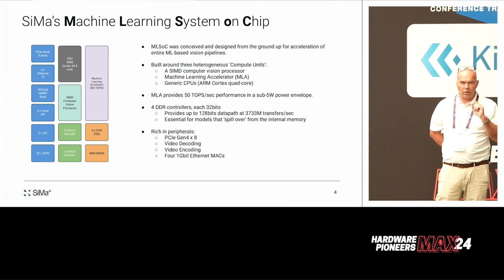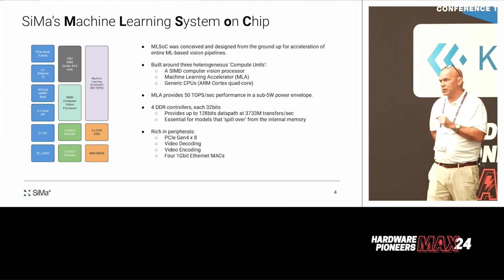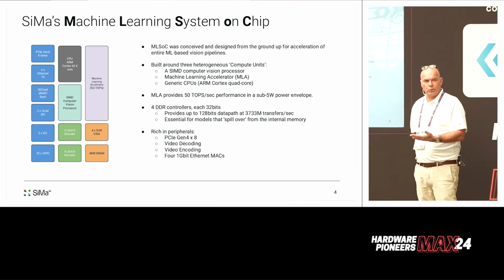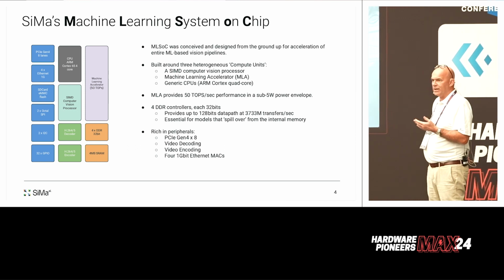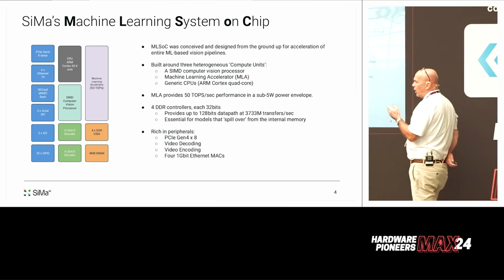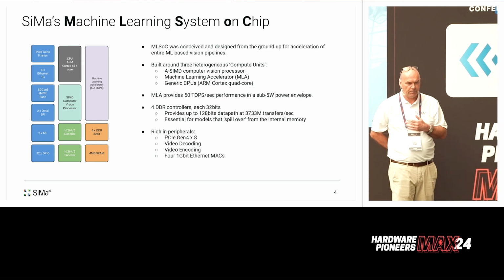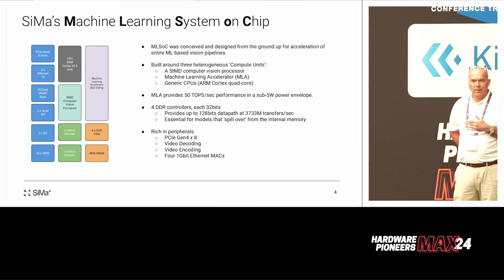Now, we have a lot of internal memory in our machine learning accelerator in particular, but we will always come across cases where that just simply isn't enough. And we will spill over into external memory. So a high bandwidth pipeline to external memory is vital. And we have a 128-bit pipeline out to external DDR. And that pipeline is running at around 3.7 gigatransfers per second.